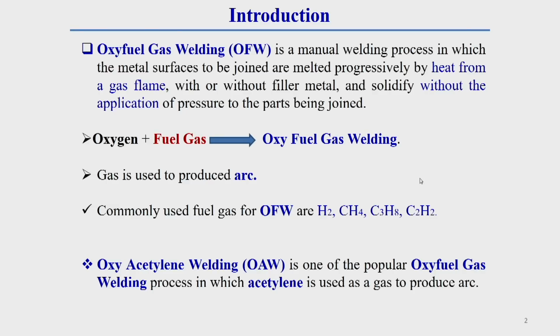But the gas with wide application in oxy-fuel welding is acetylene. So we will discuss oxy-fuel welding in detail, but concentrate more on oxy-acetylene gas welding, one of the popular oxy-fuel gas welding processes, in which acetylene gas is used to produce the flame.